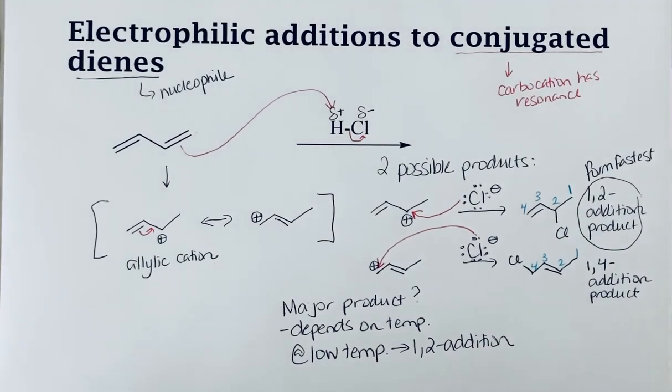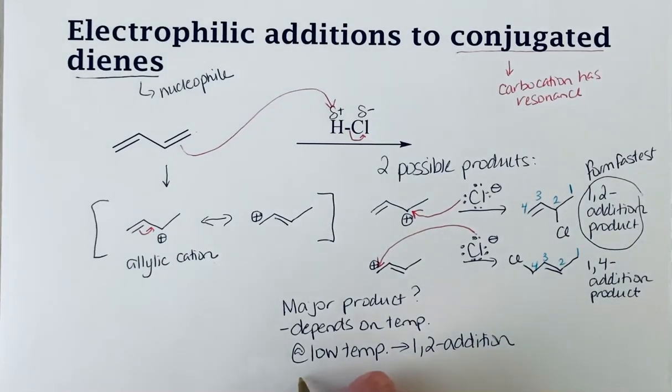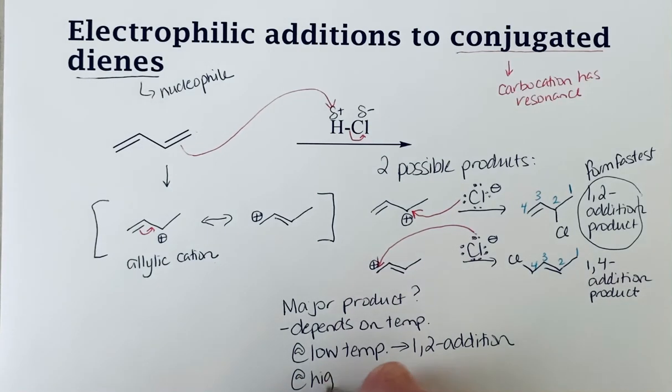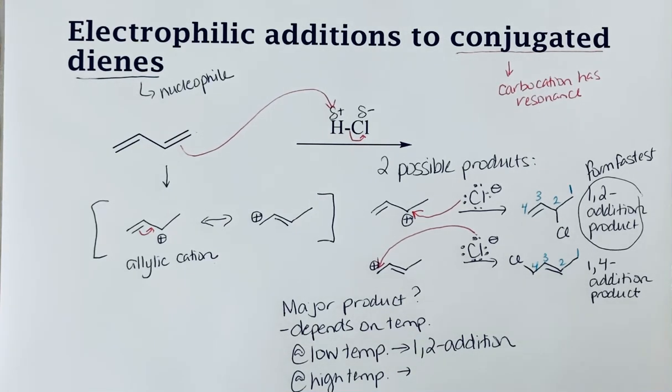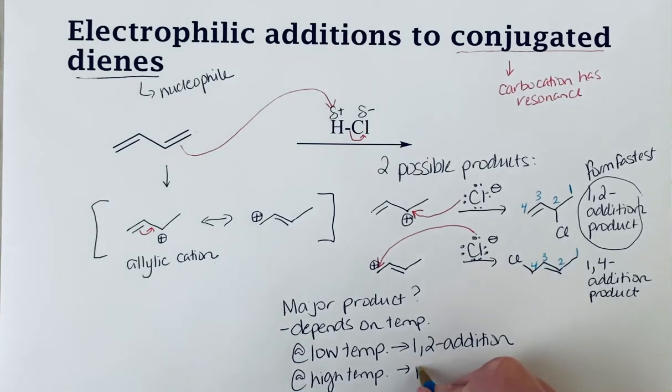If you conduct the reaction at a higher temperature, you can think of higher temperature conditions as having more energy. And so what you're going to have here is your system will settle out, and you will see the major product being the most stable product.